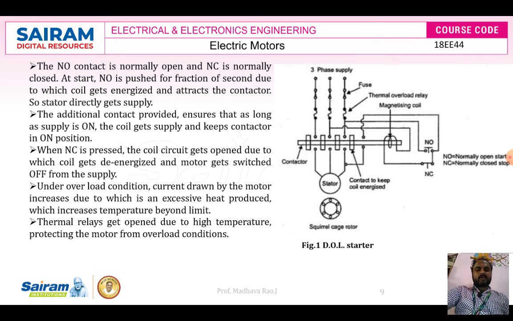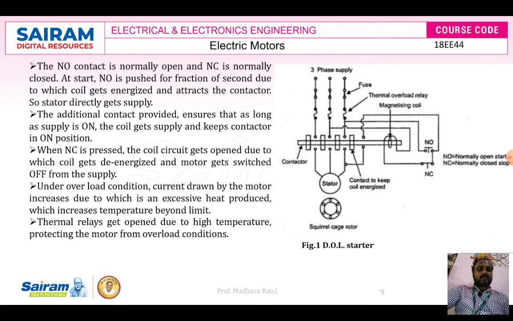At start, the NO button is pushed for a fraction of a second, due to which the coil gets energized and attracts the contacts. The stator directly gets supply, and the motor starts and runs.